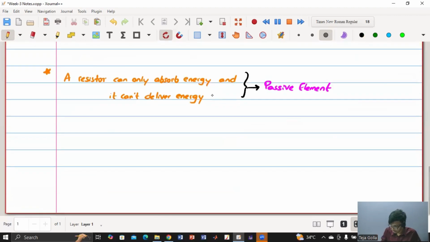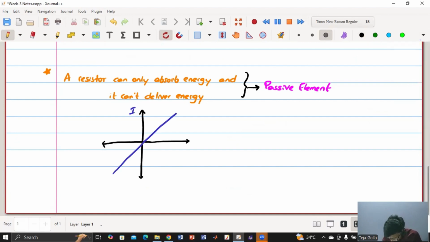If you consider the IV characteristics of a resistor, it will be something like this. This is I, this is V. Here I is greater than 0 and V is greater than 0, so P is greater than 0.